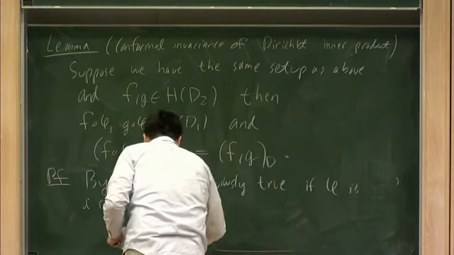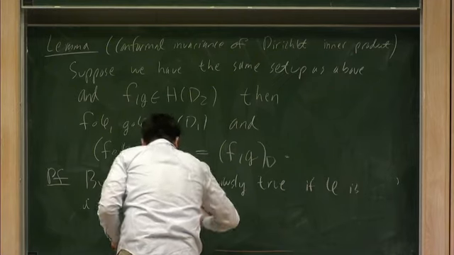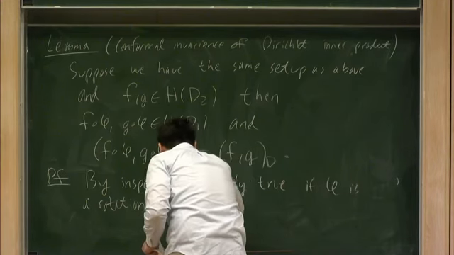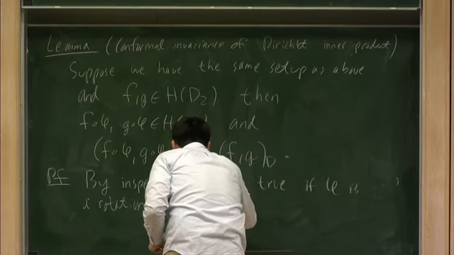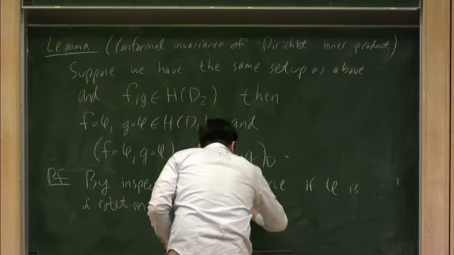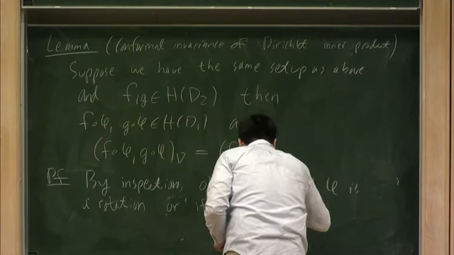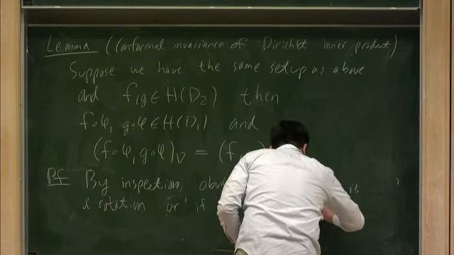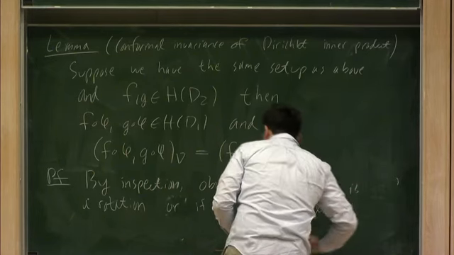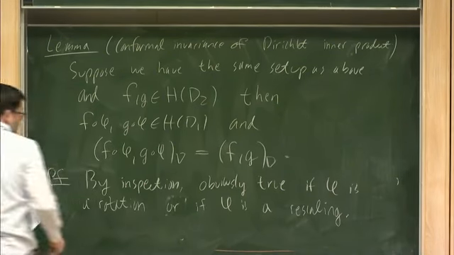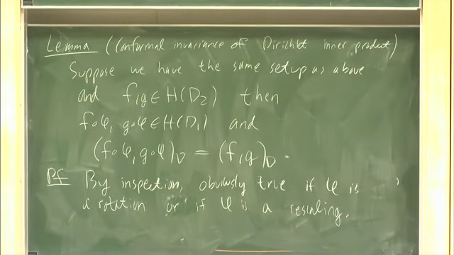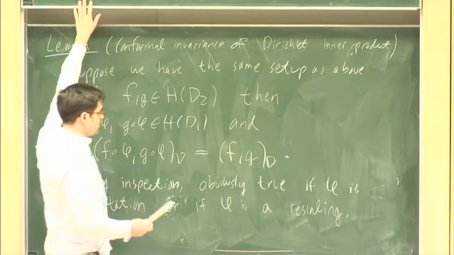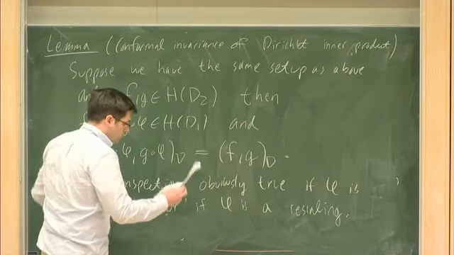And slightly less obvious, but still obvious, is that this is true also if phi is given by just a rescaling. So these two weaker statements you can check just by using the change of variables formula.